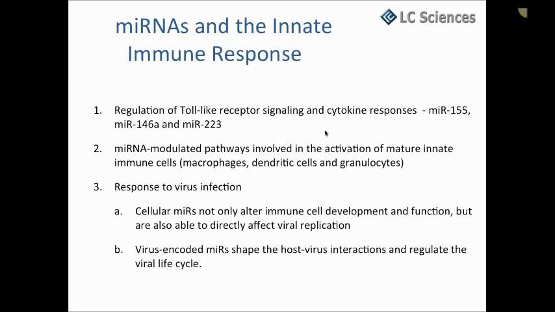They're microRNA-modulated pathways that are really critical here, and another important factor is the response to virus infections. So cellular microRNAs not only alter immune cell development and function, but they are also able to directly affect viral replication. And there's actually a case study in one of the papers with the swine-related virus that I will show.